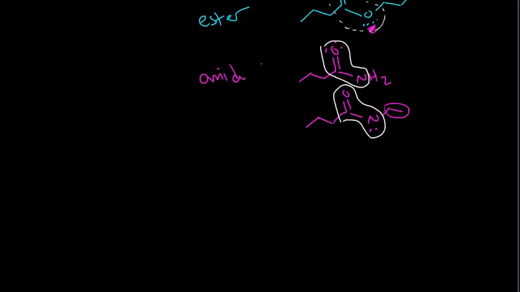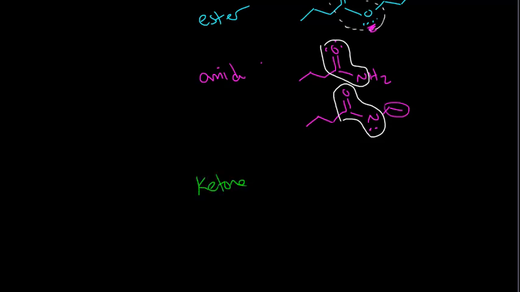Okay, so 2 more. And these are also fairly related. A ketone is a hydrocarbon chain with this double bond of oxygen built into it. A ketone has this, we call it a carbonyl, present within our hydrocarbon chain.